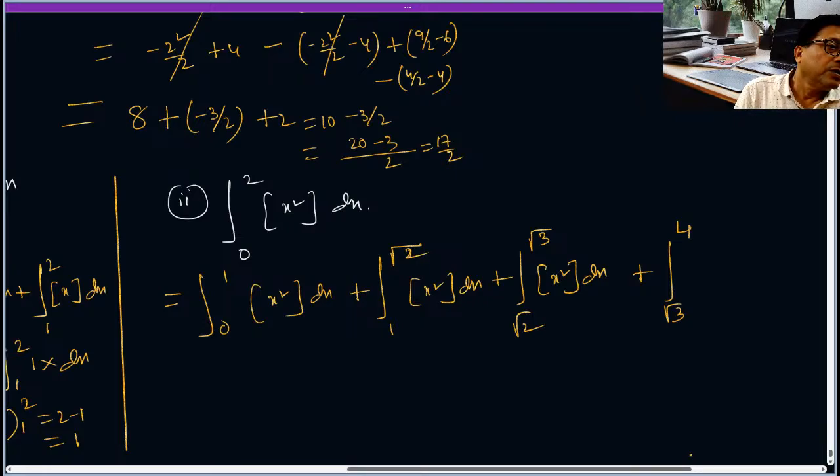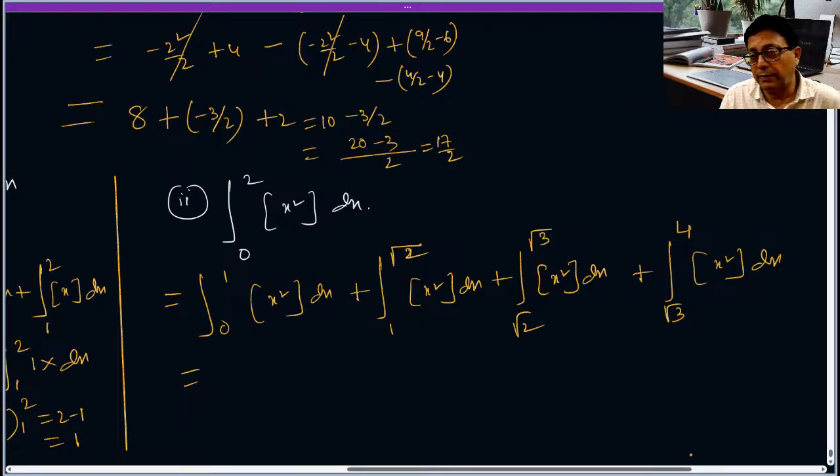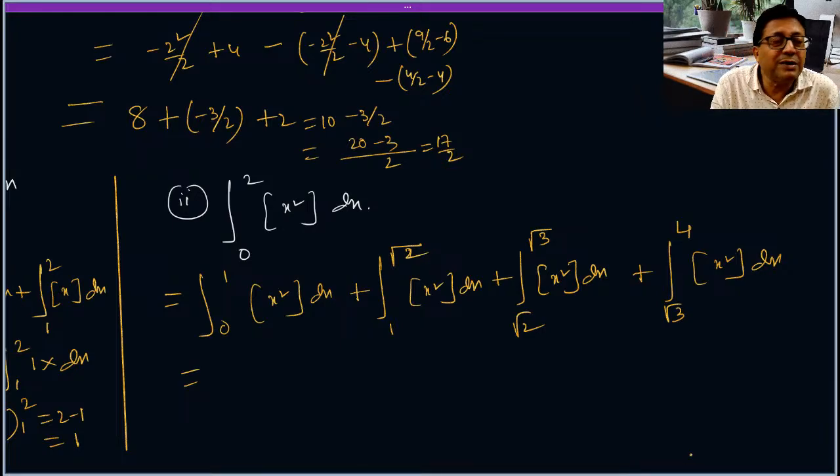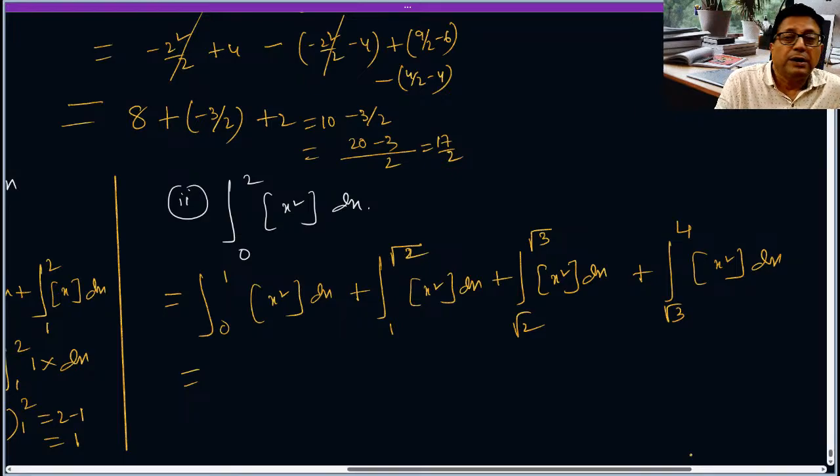Root 4 square, it will be 4 only. That's why. Now the limit was from 0 to 2. We can't, because 0 to 1, one integer is there, no? What is the value of this function? You can check the value this way.